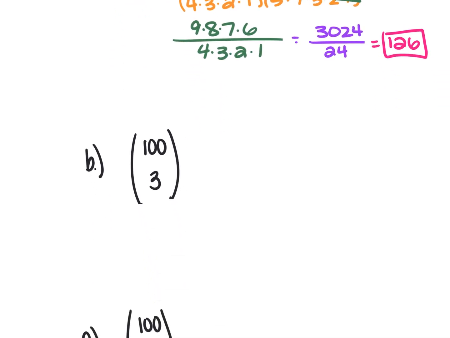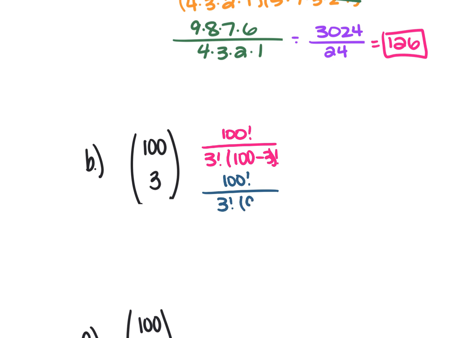For example B, we have 100 over 3, or our top number is 100, so we're going to have 100 factorial over 3 factorial times 100 minus 3 factorial. This will simplify to give you 100 factorial over 3 factorial times 97 factorial.